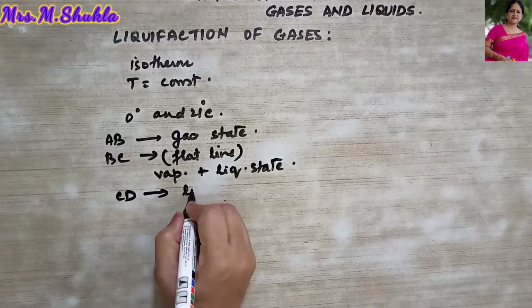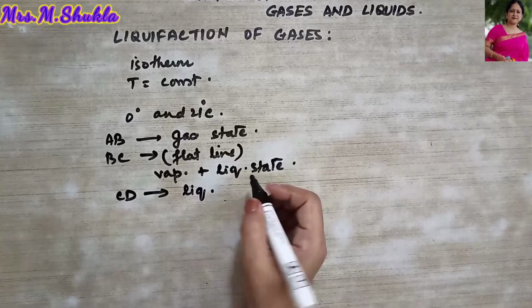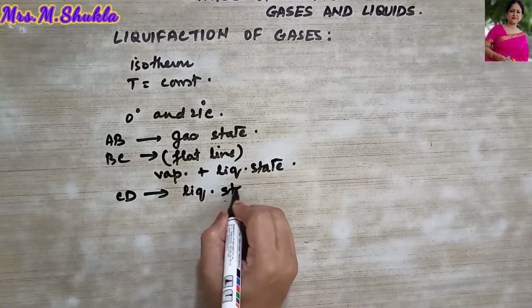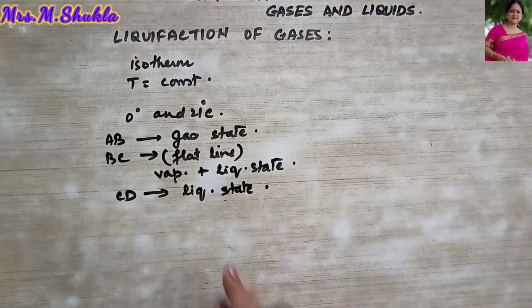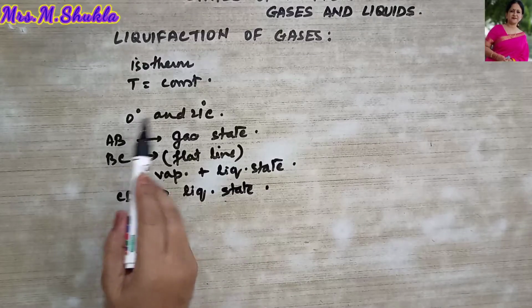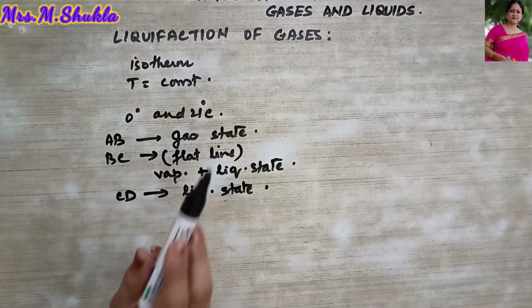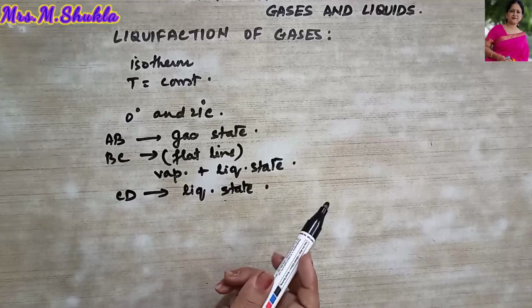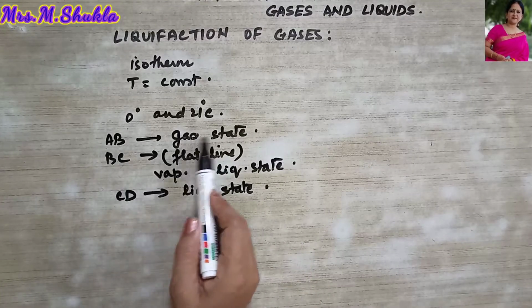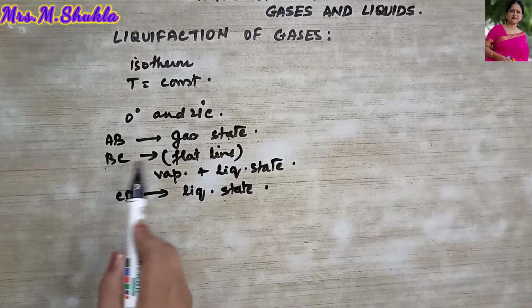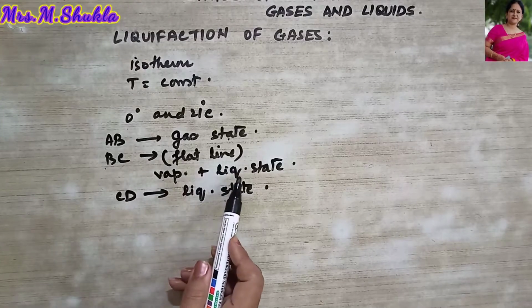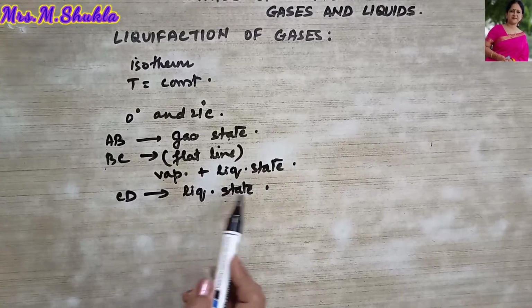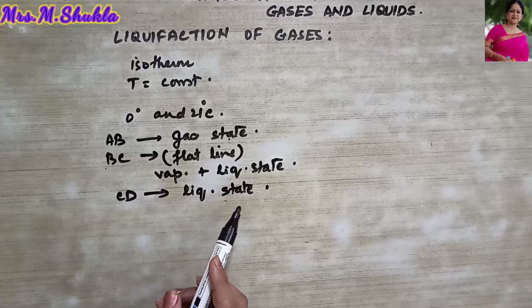Over here, the gas has changed into its liquid state. Clear? So at 0 degrees to 21 degrees Celsius, carbon dioxide, if you see the 3 states over there, AB, it is in its gaseous state. At BC, it has formed into vapor plus liquid state, and at CD, it changes into the liquid state.